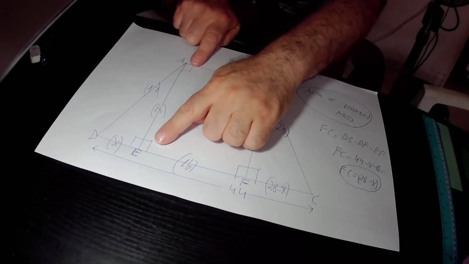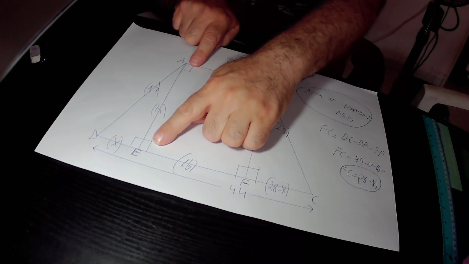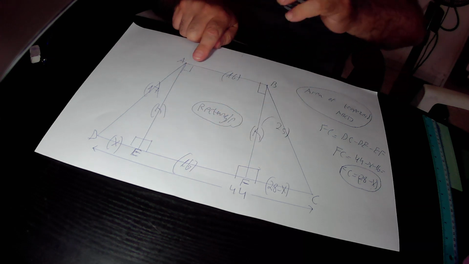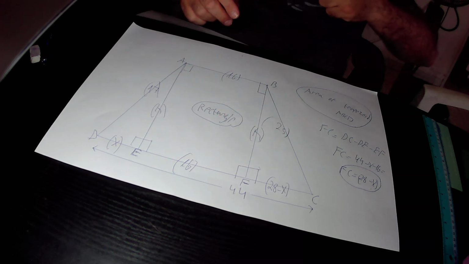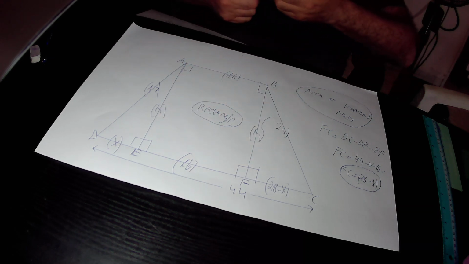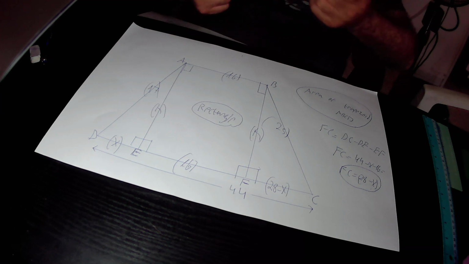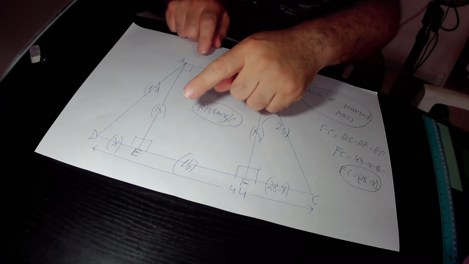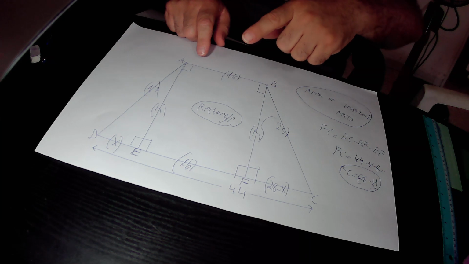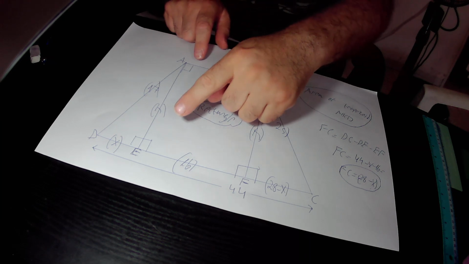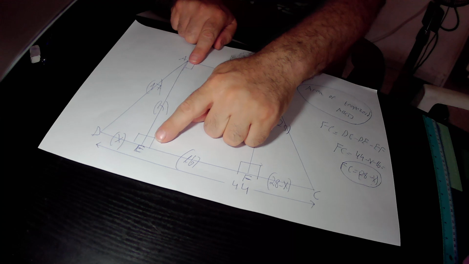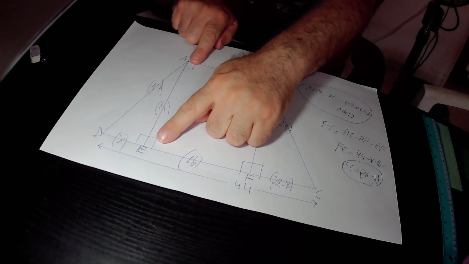According to rule 16, the sum of those two angles will be equal to 180 degrees.